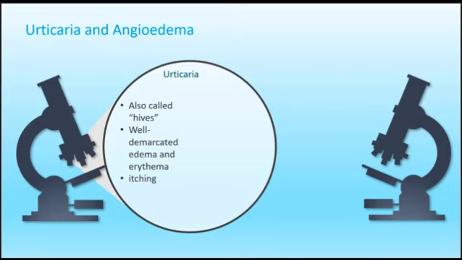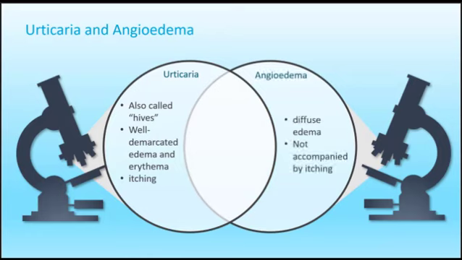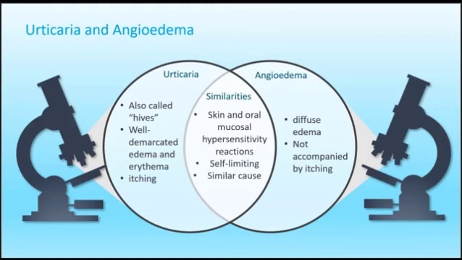With urticaria, we would see a well-demarcated edema and erythema, and itching is likely. Angioedema refers to diffuse swelling that is not accompanied by itching. Both of these are indications of a hypersensitivity reaction, but they are self-limiting. They can result from stress or anxiety or fear when our bodies are in a heightened state.